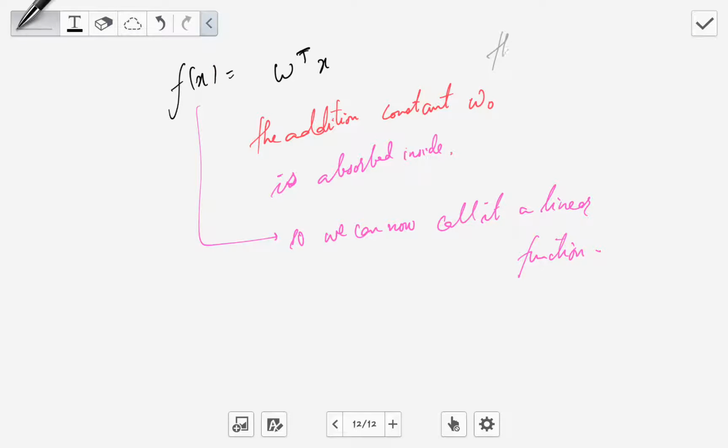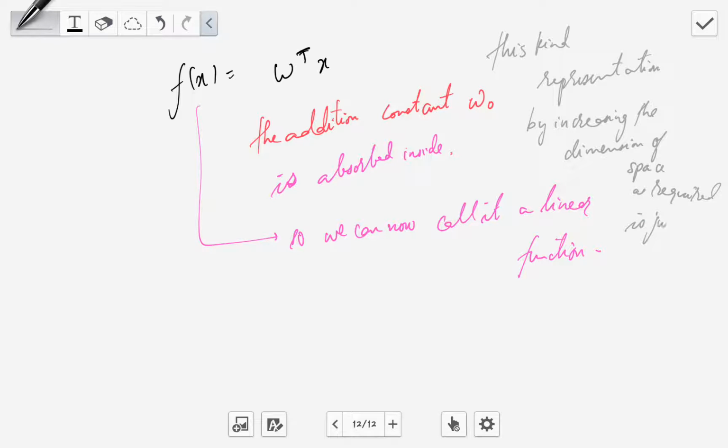This kind of representation, by increasing the dimension of space as required, is justified by use of these extended coordinate system called homogeneous coordinate system.